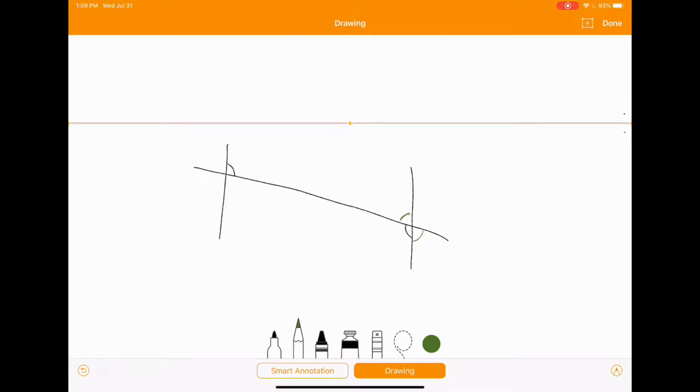Those are going to be equal to each other. The biggest one you're going to use, though, are these opposite interior angles, and just remembering that as long as you have two lines that are parallel on the line in question, then opposite interior angles are going to be equal to each other, which again, this angle would then be equal to this angle, which means this angle is equal to this angle.